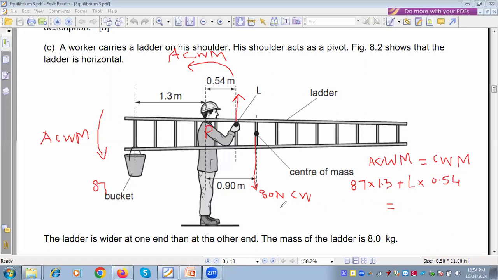Clockwise moment, we have already calculated it, 80 into 0.9 is 72. So 87 into 1.3.